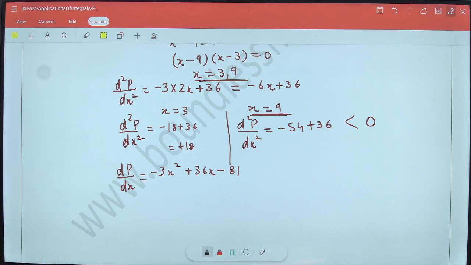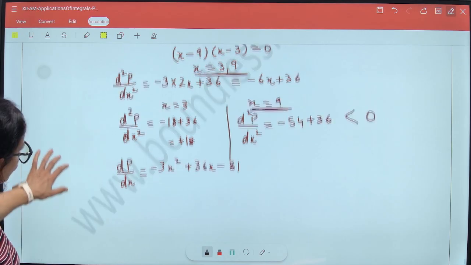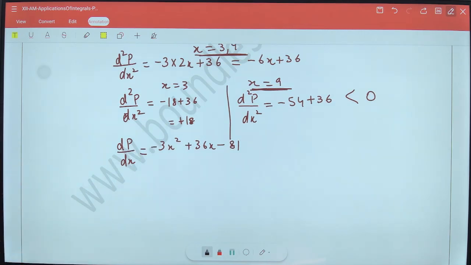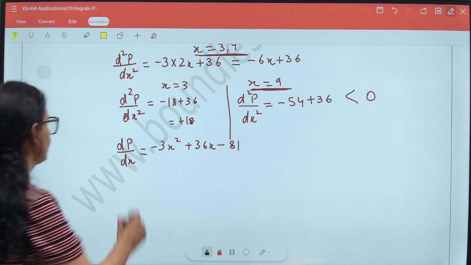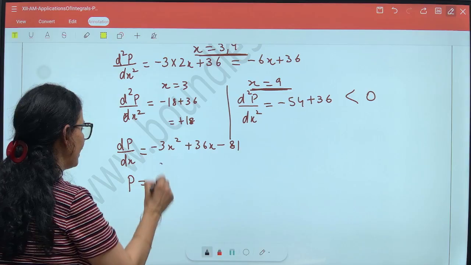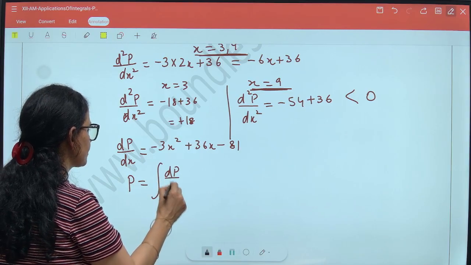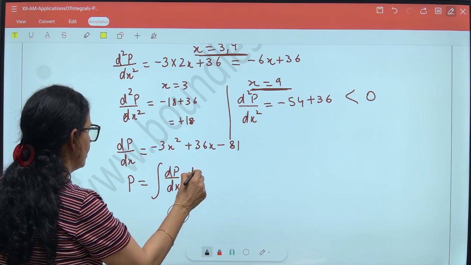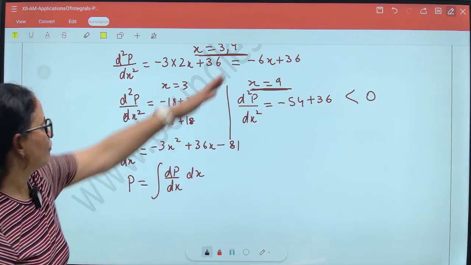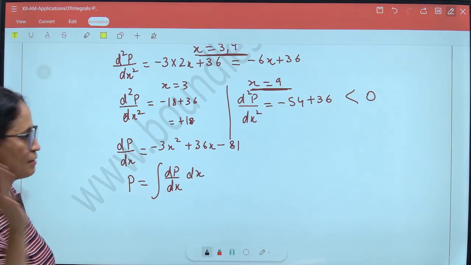When x is 0, the profit is 0, that means the cost is also 0. So we need to evaluate the profit function. How do we find the profit function? We can find the profit function by integrating dp by dx with respect to x and then putting the value of x as 9. That will give you the maximized profit.